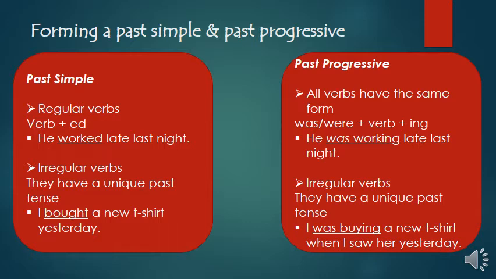So the form of the past progressive is was or were based on the subject if it's singular or plural plus the verb plus ing. Example, he was working late last night. So was working is a past progressive verb.